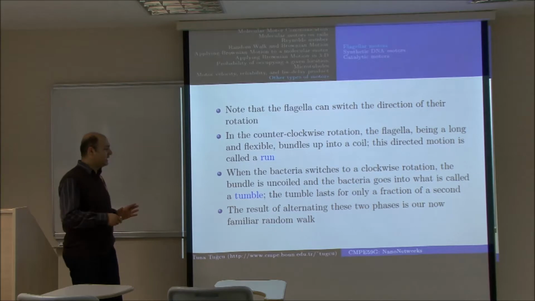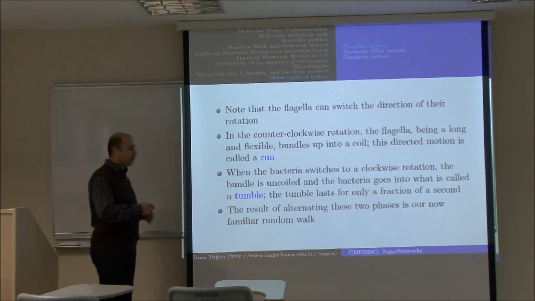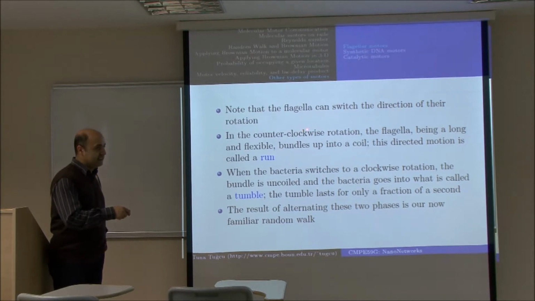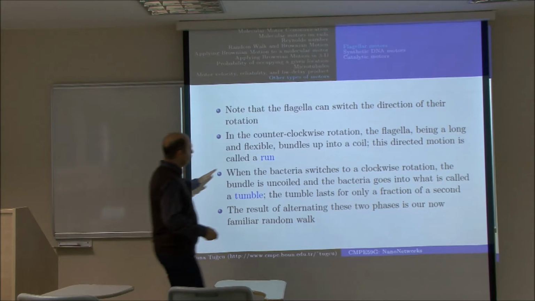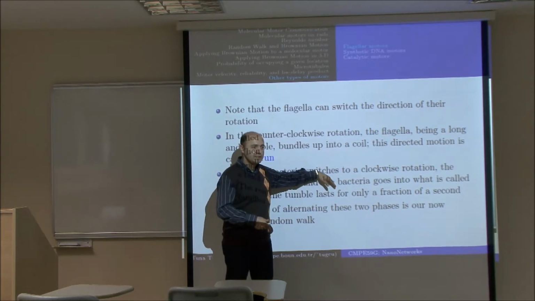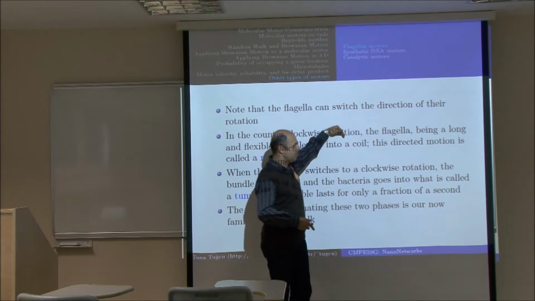So the movement of the bacteria is like, it will run for about a second, then tumble, so it will run this way, tumble while it's recoiling, and then the direction has changed. It will run again, tumble, go, tumble, go, tumble, go.